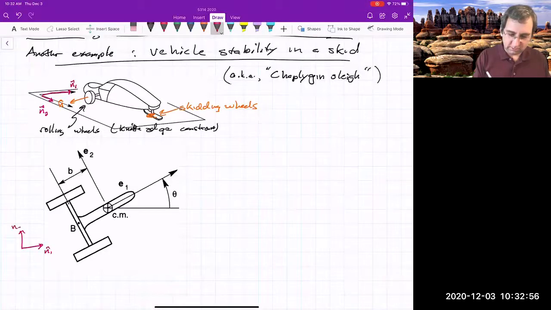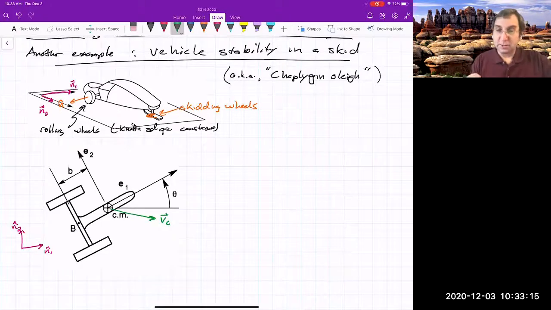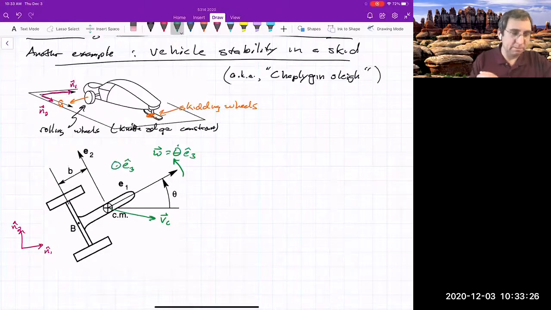It's actually more convenient to consider the velocity of the center of mass. So here's the center of mass, and here's the velocity of the center of mass. This is a rigid body, so there's going to be omega, which is theta dot E3, a vector coming out of the screen.